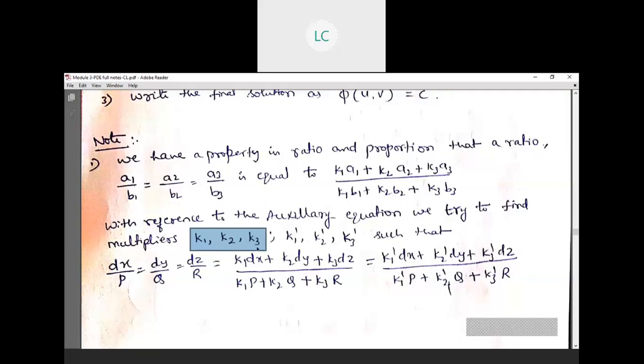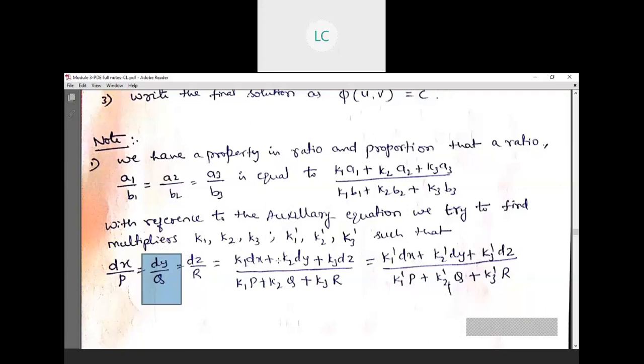Sometimes choosing one multiplier is enough, sometimes we need to choose both. Suppose I choose k1, k2, k3 as the multipliers for this auxiliary equation. We multiply k1 with the first term, k2 with the second term, and k3 with the third term, in both numerator and denominator. Then add all numerators and denominators.